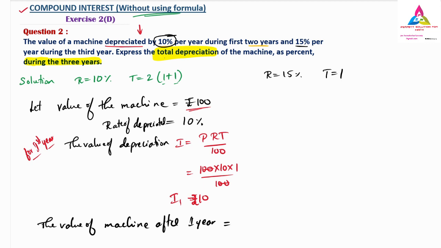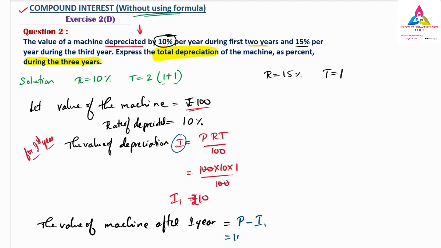Here I have taken I; you can take depreciation, you can take D also, it is left to you. I have taken I because we know the formula. So actually, from the principal amount we have, we have to subtract that I, the depreciation amount. Here I refers to the depreciation amount.